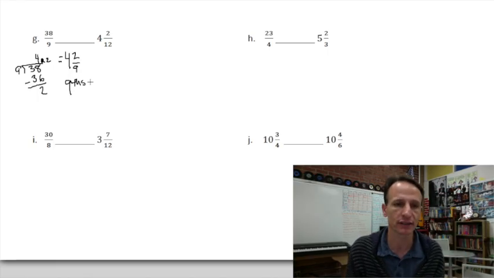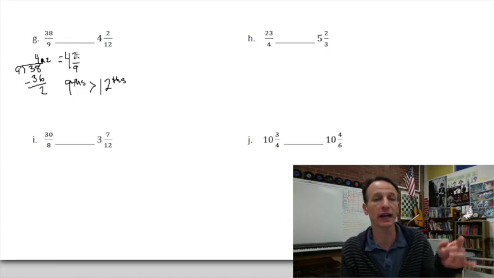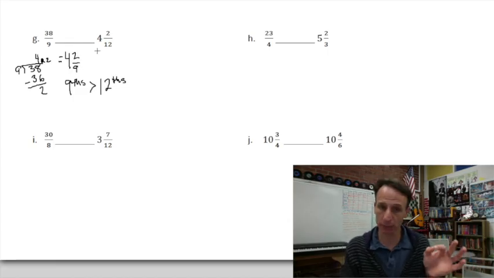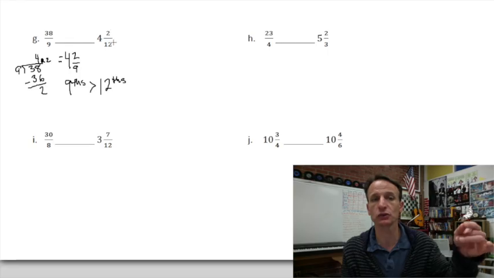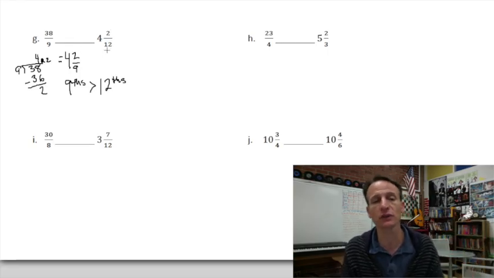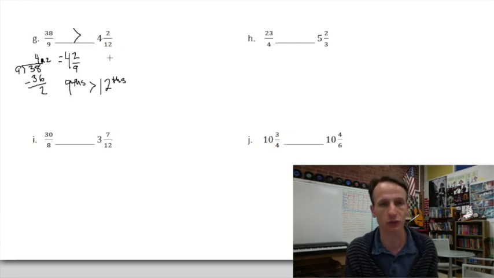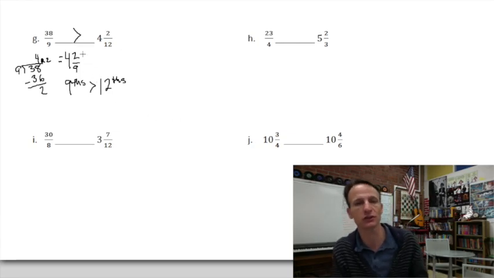So if you have 4 and 2 bigger pieces, 4 and 2 smaller pieces, obviously the 2 bigger pieces is more than the 2 smaller pieces. Therefore, 38 ninths is greater than 4 and 2 twelfths because ninths are larger than twelfths, and we have 2 ninths compared to 2 twelfths.